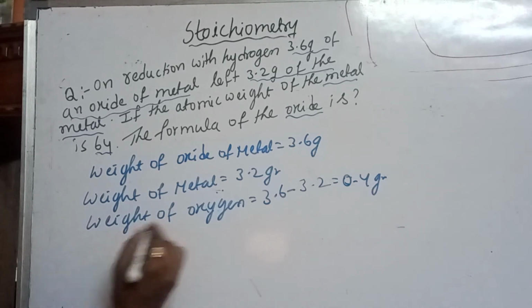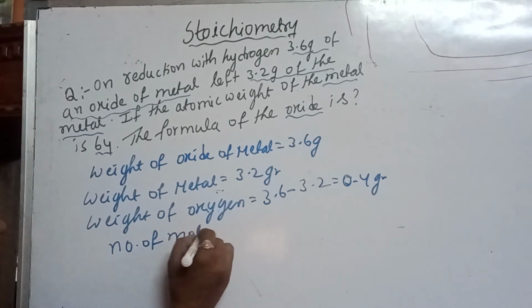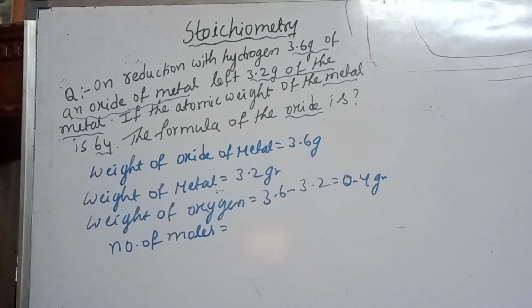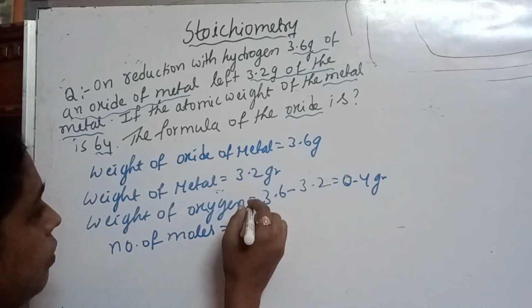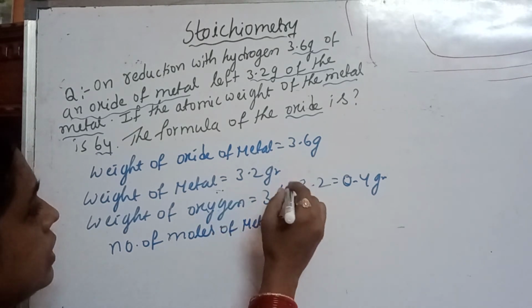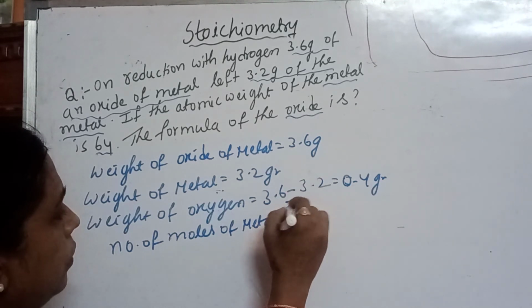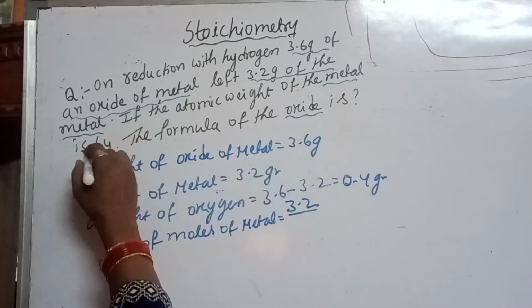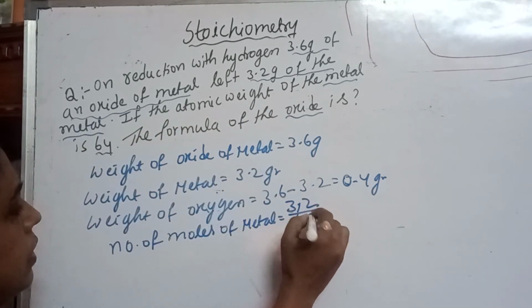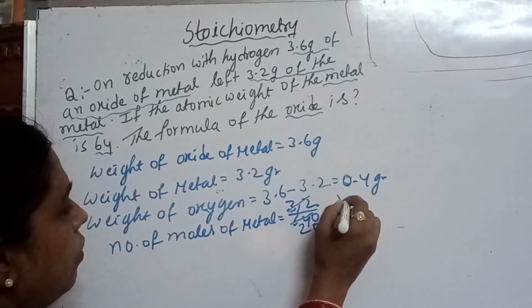Before going to that, by using the number of moles also we can calculate. The number of moles generally indicates the number of atoms present in a given molecule. In such a problem, remember the formula for the number of moles. Number of moles of metal is the given weight 3.2 divided by the atomic weight 64, so 32 by 640, that is 1 by 20.